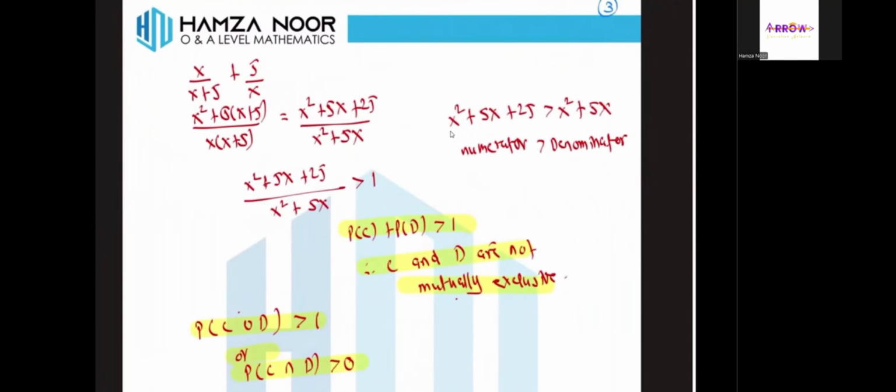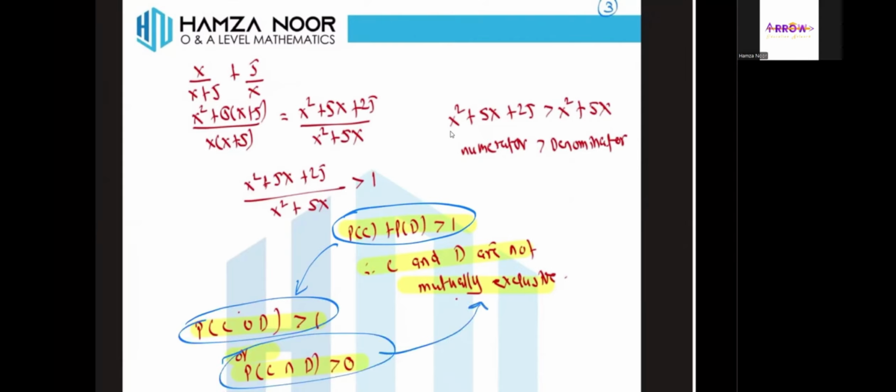So the order is like this: after mentioning this, you write either this or this, and then you finally conclude that C and D are not mutually exclusive.